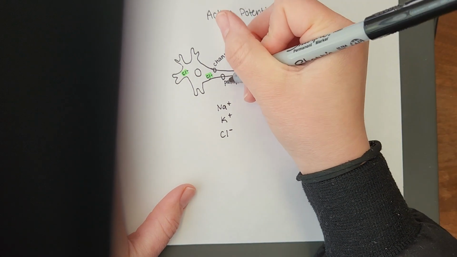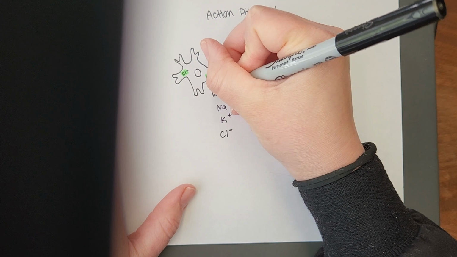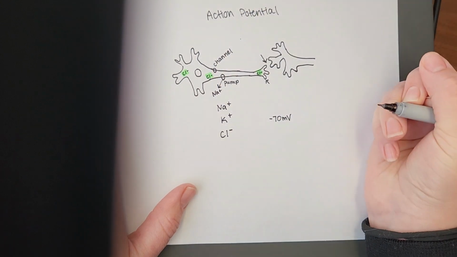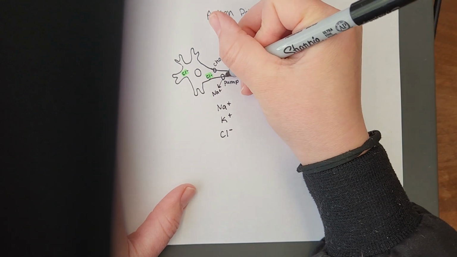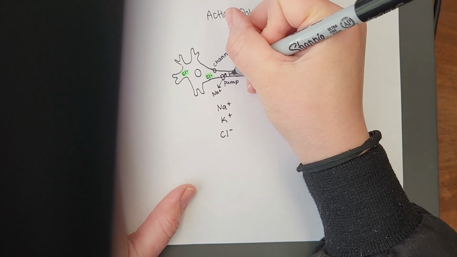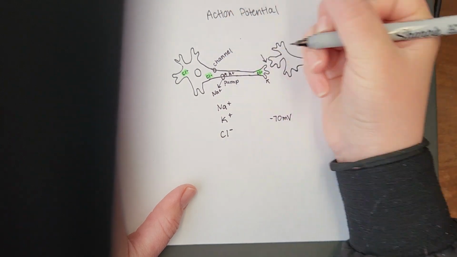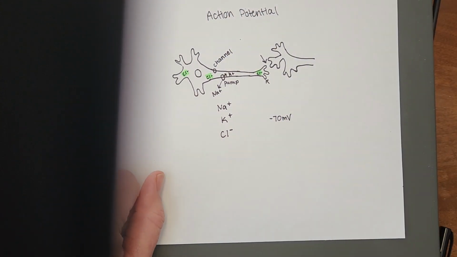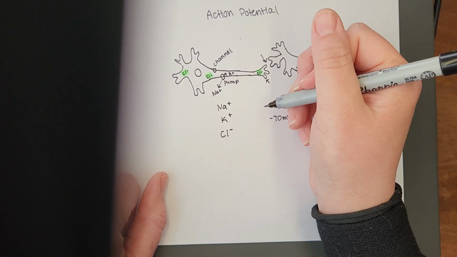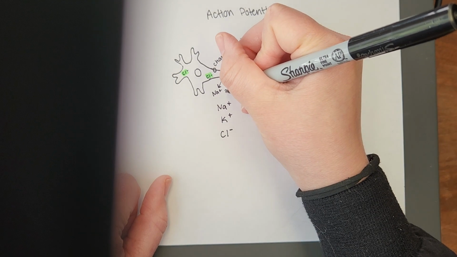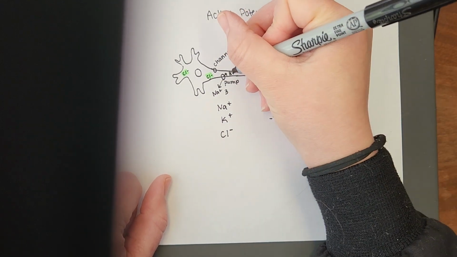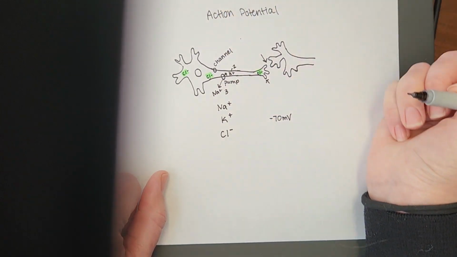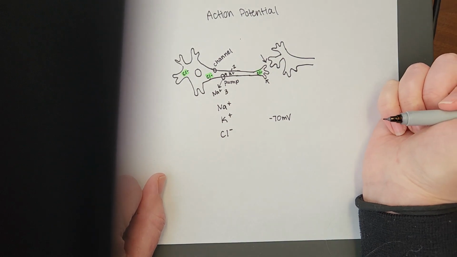And what they're doing is they're pumping out positive sodium ions, and they're pumping in positive potassium ions. Okay, but we said that it does that at a ratio of 3 to 2. So for every 3 sodium ions it sends out, it lets 2 potassium ions in.